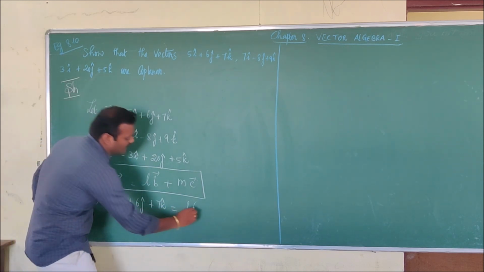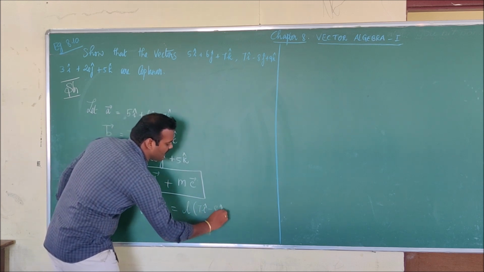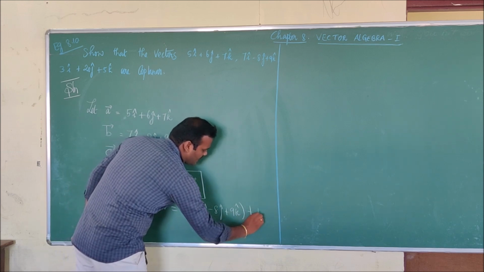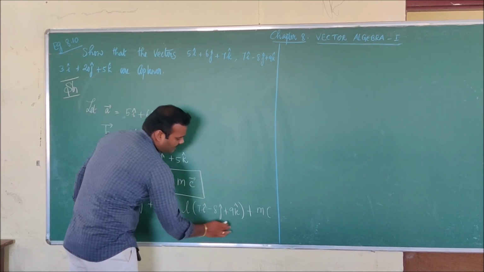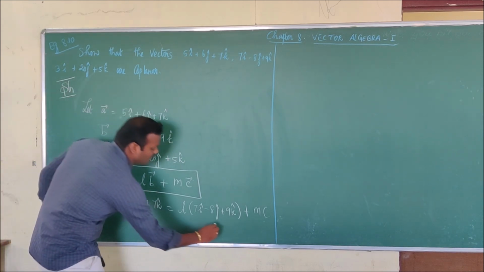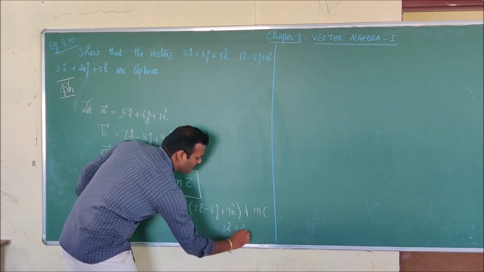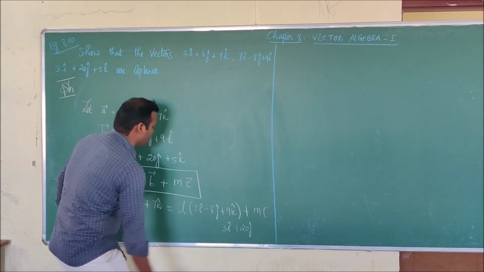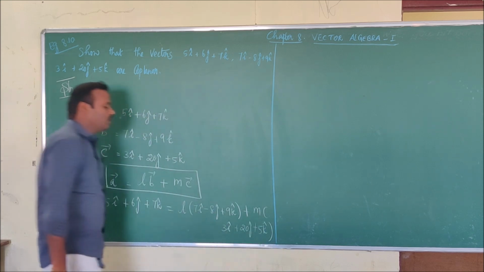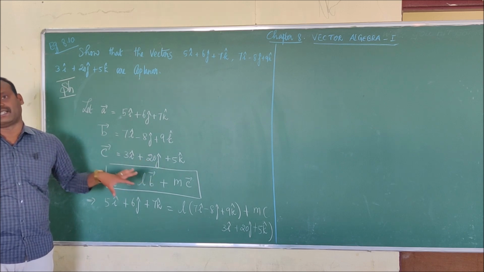What is B vector? 7i cap minus 8j cap plus 9k cap, plus M into C vector, where C vector is 3i cap plus 20j cap plus 5k cap. So this is the linear combination of vectors. We have to check whether it is correct or not.